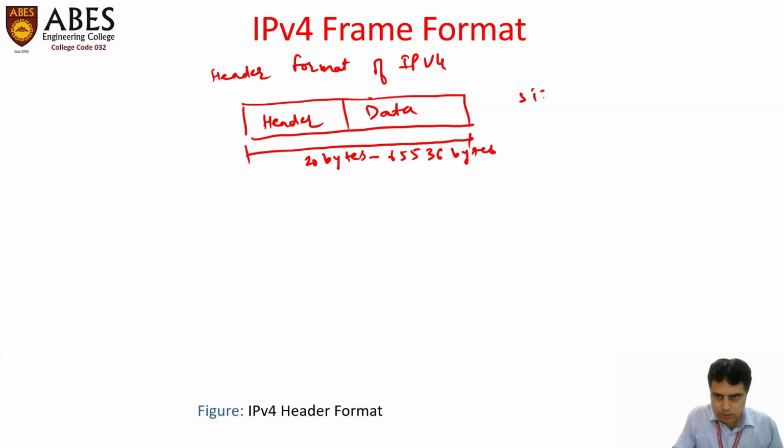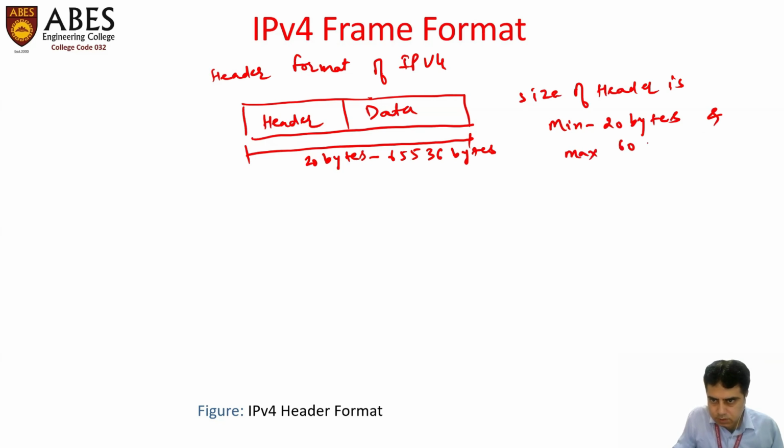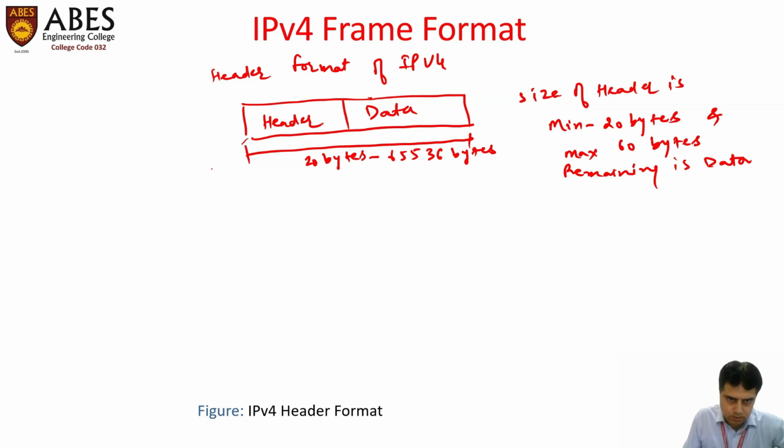The size of the header is a minimum of 20 bytes and a maximum of 60 bytes. The remaining is data. So in the frame format, this header contains all the information.